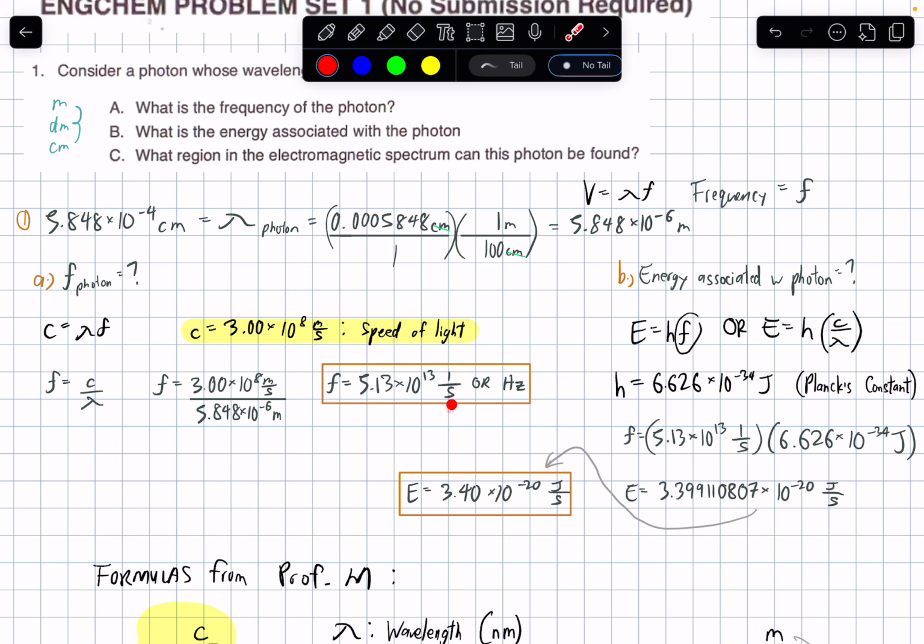You have to look at the frequency because again, in the region close to gamma ray, that's where you find the highest frequencies. If I recall correctly, I think that's 10 raised to negative 12 for gamma ray, 10 raised to negative 10 for X-ray, 10 raised to negative 8 for ultraviolet or UV, 10 raised to negative 6 for visible light.